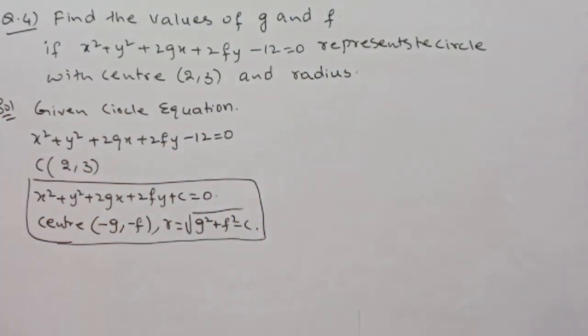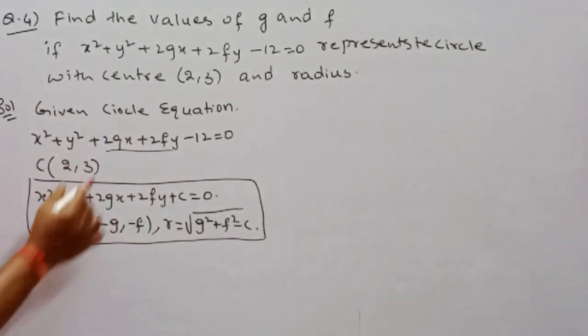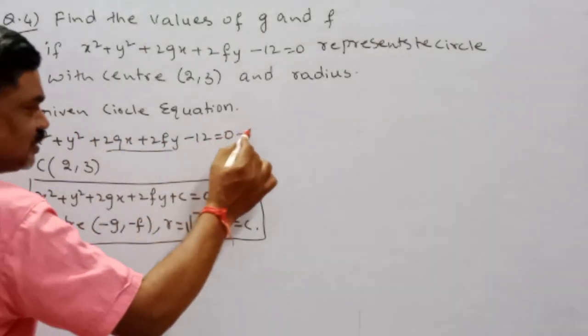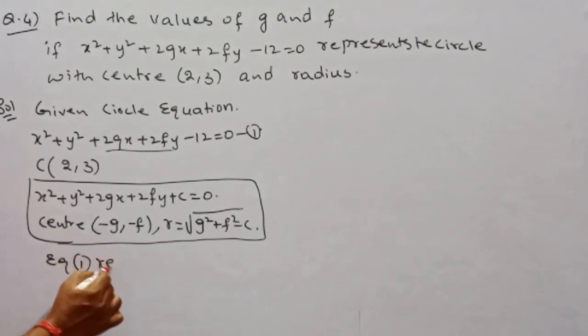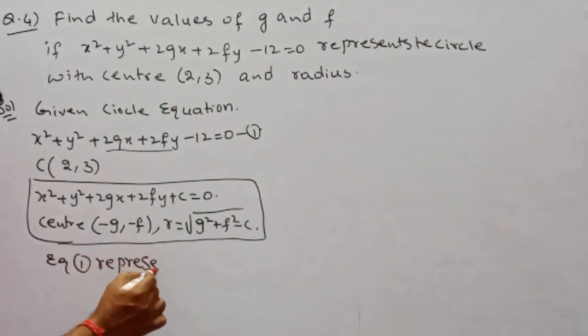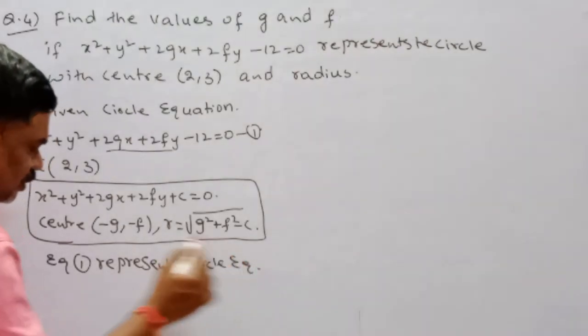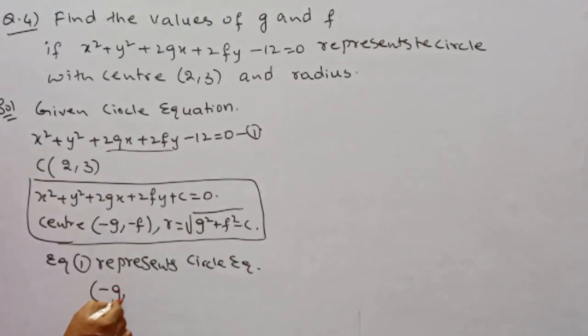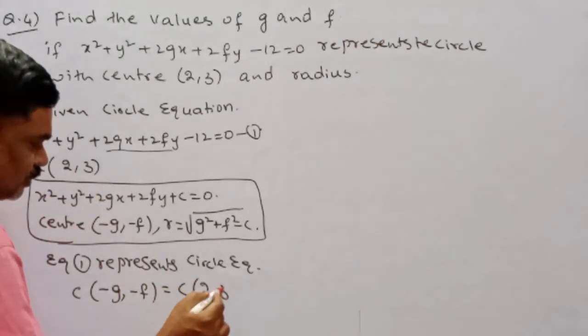So here this represents a circle, call this equation 1. The center is minus g comma minus f, which equals the given center 2 comma 3.